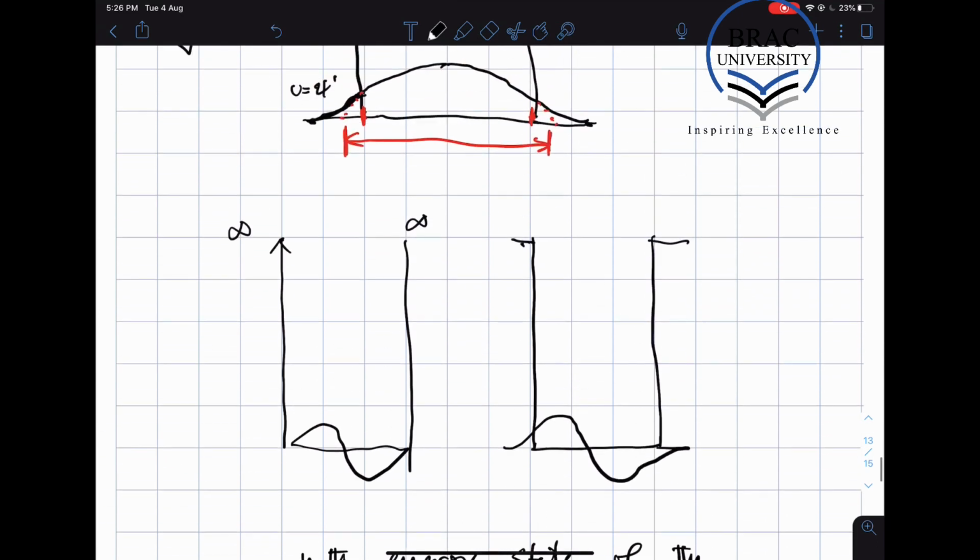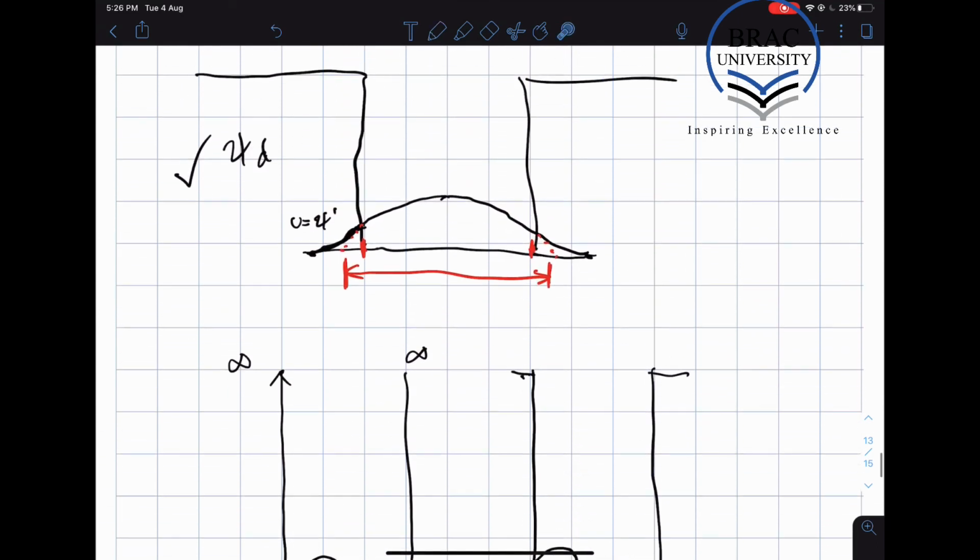So what do I mean by that? Take this one. This corresponds to the energy state n equals 1.